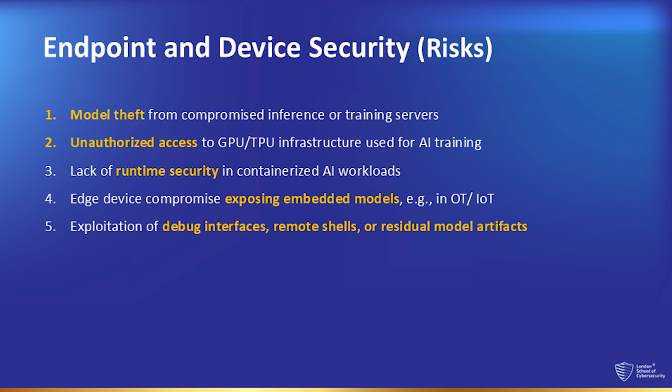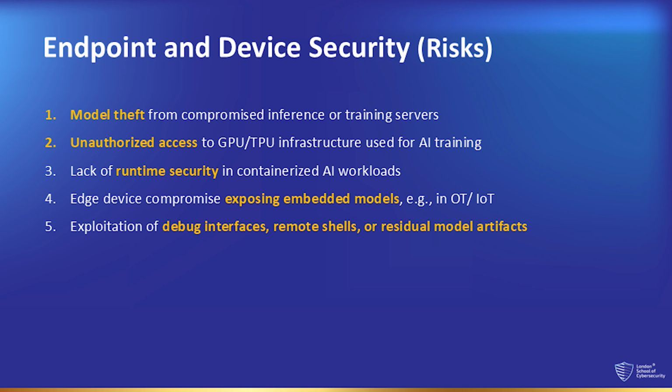Those edge devices also need to be protected. So if you are in an OT IoT world, one of your device types will be the edge devices. You don't want your models to be exposed, because that's how the attackers are going to come and start planning attacks against you.